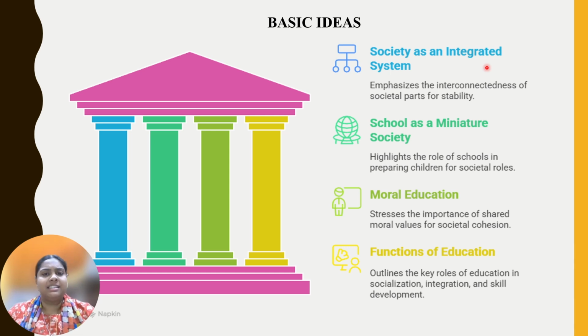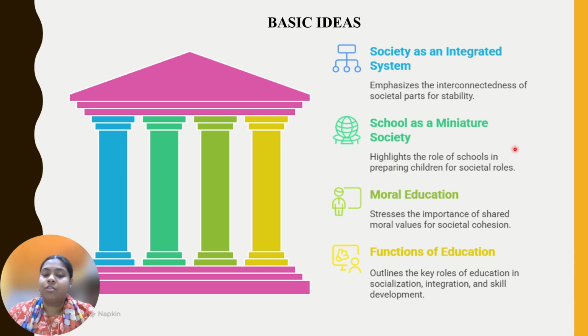First, he understands society as an integrated system. He states that society is divided into various parts and all these parts are interrelated with each other. They work together in order to maintain stability in the society. He also considers schools as a miniature society.